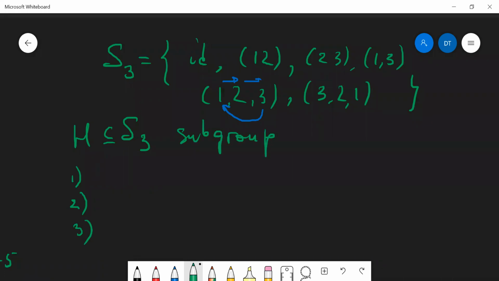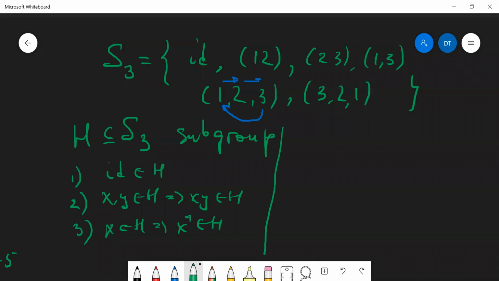It must be closed under the operation, so if X and Y are in H, then their product must be in H. It contains the neutral element, so the ID must be in H. And it is closed under the inverse. Good, so these are the properties.